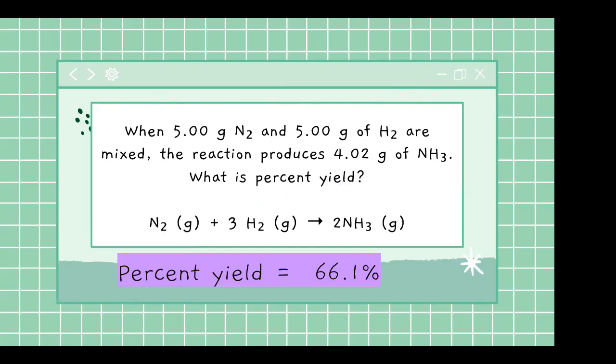Does anyone have any questions on how we did that? I know there's a lot of steps to these problems. Okay, cool. If any other problem or questions come up, just let me know.